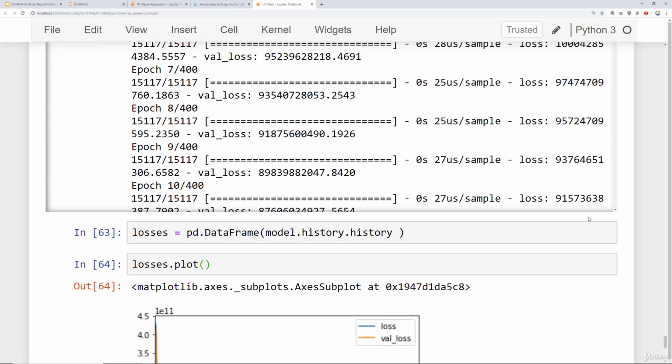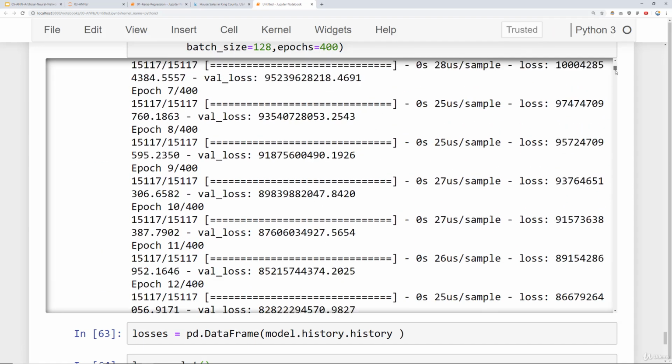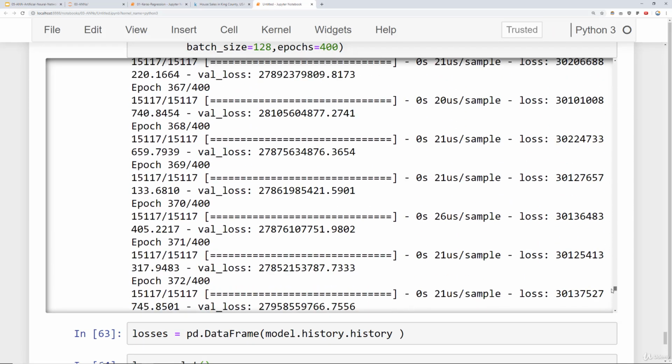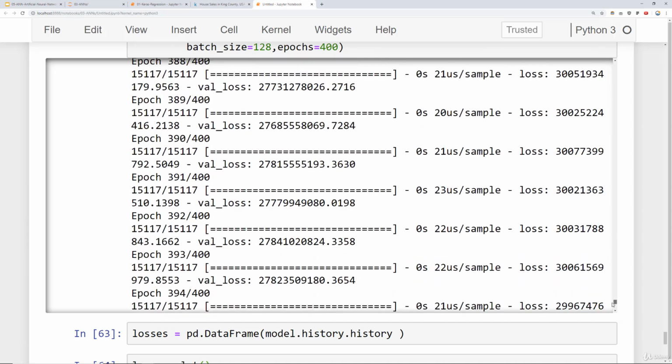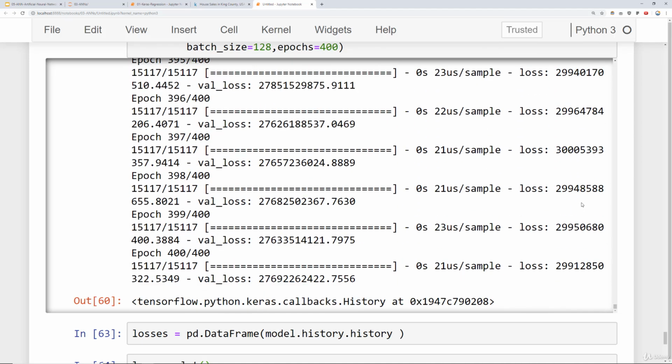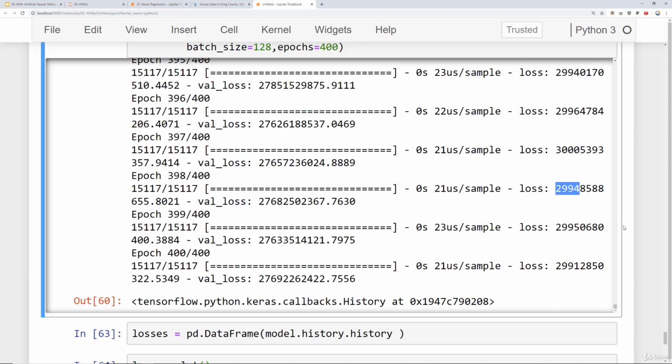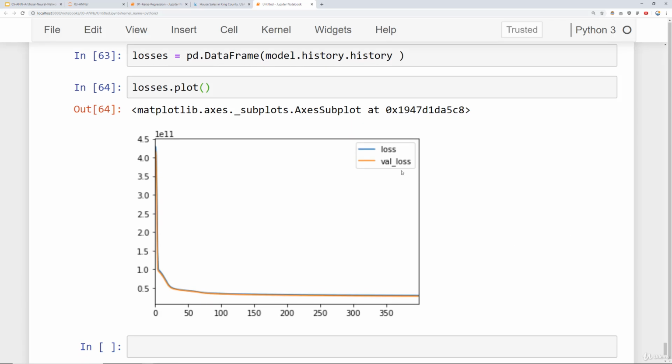Now you'll notice that towards the tail end, we're actually not improving that much. After 400 epochs, it looks like we're hovering around this particular loss value, and the decreasing is happening much slower. But because the validation loss is also going down, that's an indicator that we could continue training without overfitting to our training data.